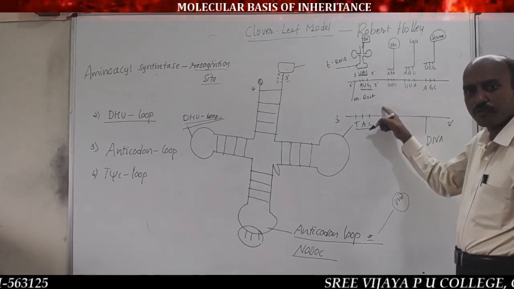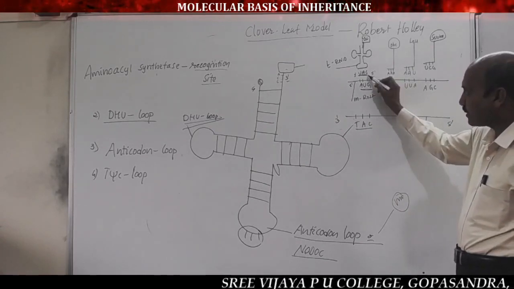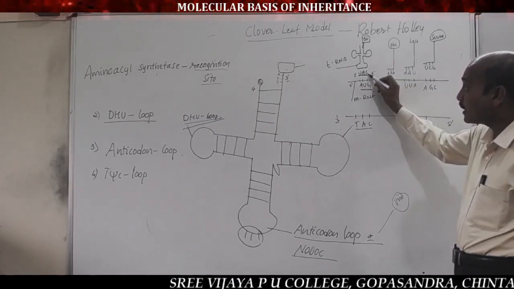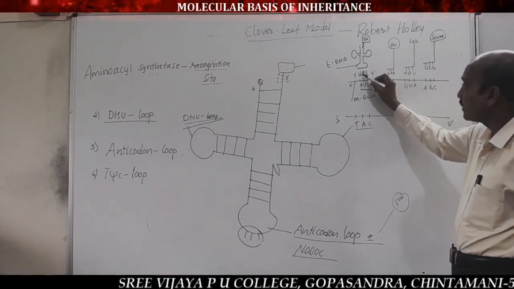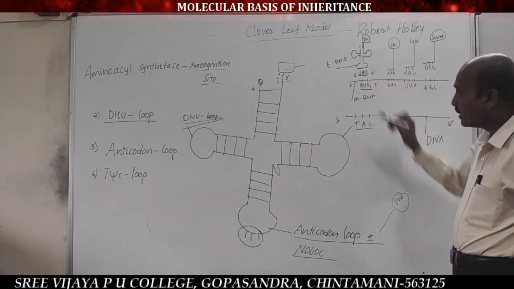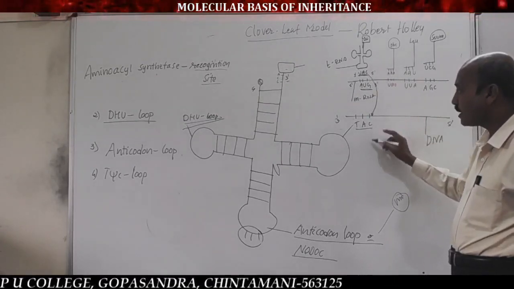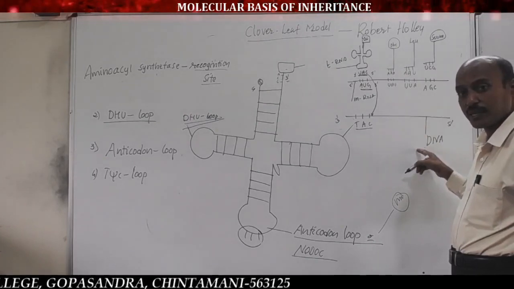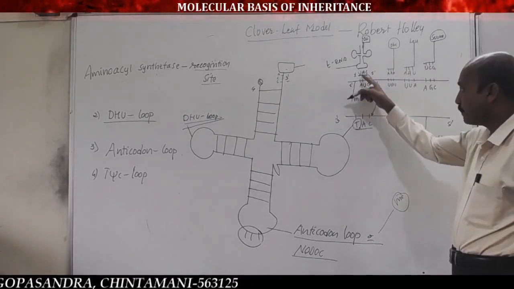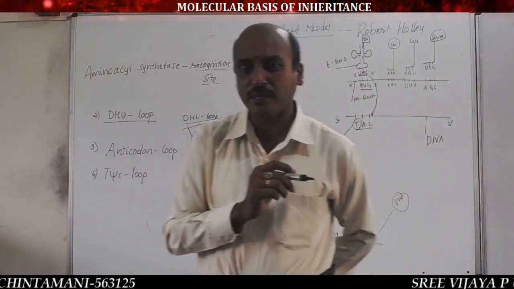That is the codon of mRNA. The anticodon of tRNA, opposite to the mRNA, is UAC. This UAC anticodon is exactly similar to the antisense strand of DNA except uracil in place of thymine. Very important for NEET.